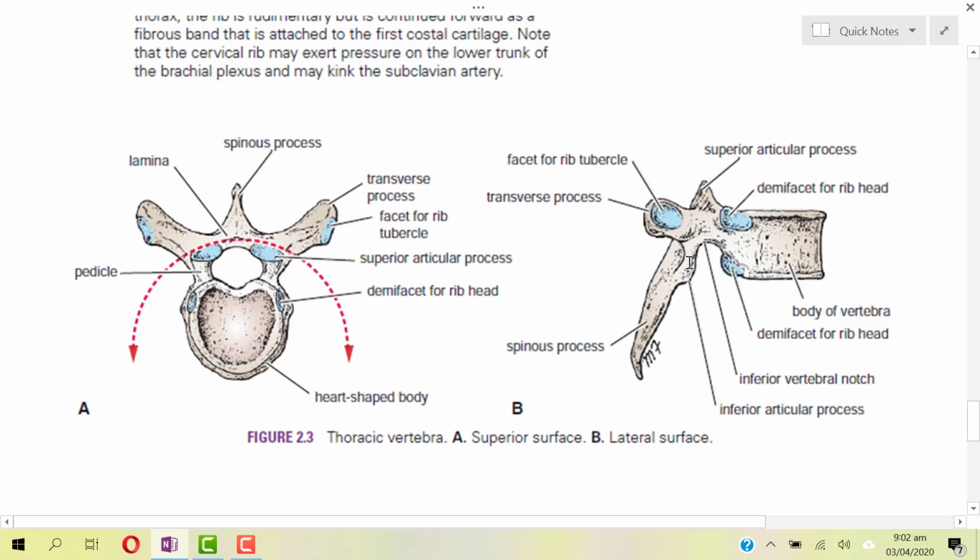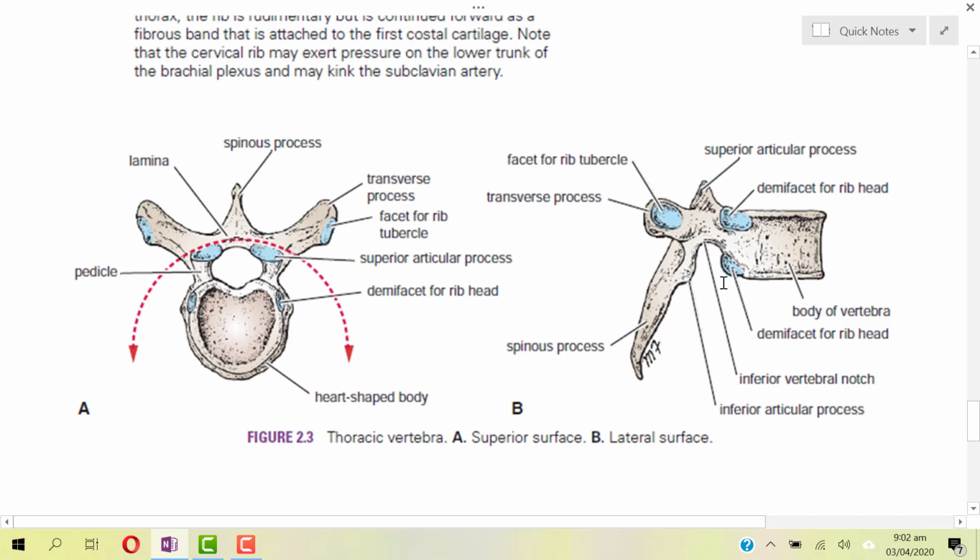The inferior vertebral notch of every vertebra joins with the superior vertebral notch of the vertebra below to form another opening. That is called the intervertebral foramen. The big foramen was only the vertebral foramen, and the foramen formed below is the intervertebral foramen.